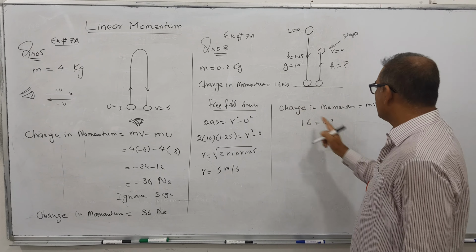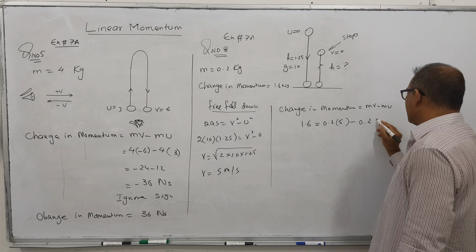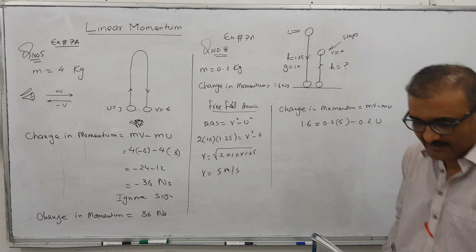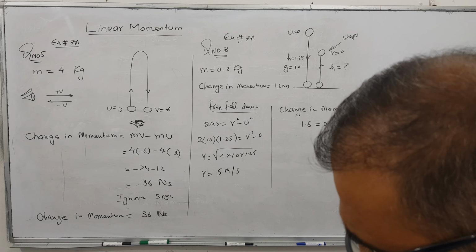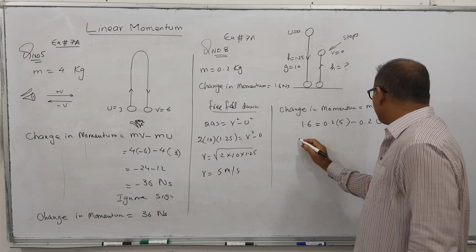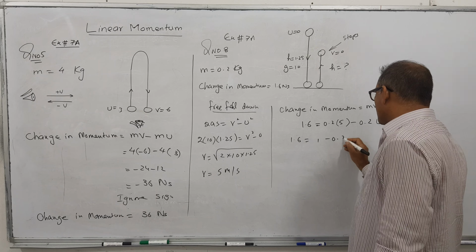So that is mass into speed minus mass into speed. This u is the returning speed. I repeat again, this u is the returning speed. So here I'm getting 1.6, this is becoming 1, and 0.2 u.